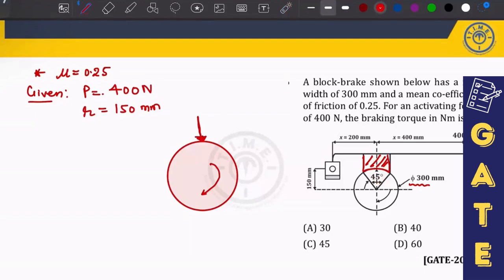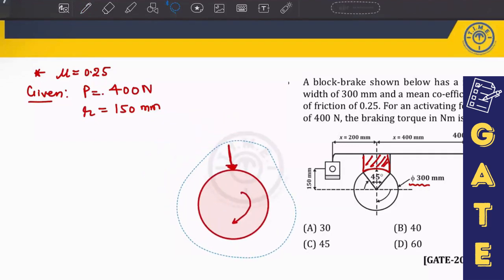Okay, so please focus on this, because if you are able to identify the direction of the friction force, you can solve any problem related to brakes. If you take the wrong direction of friction, then definitely you will get the wrong answer. The normal reaction I think you will easily locate. As you know, this drum is rotating clockwise. So can I say this point has a tendency to move forward?